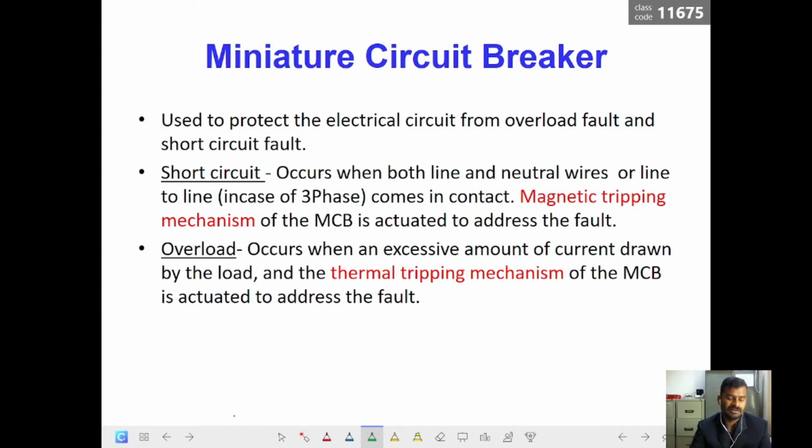This bending or deformation also moves the plunger and opens the circuit, so that the moving contact and the fixed contact move away from each other, the electrical contact is removed, and the circuit is isolated from the faulty condition.